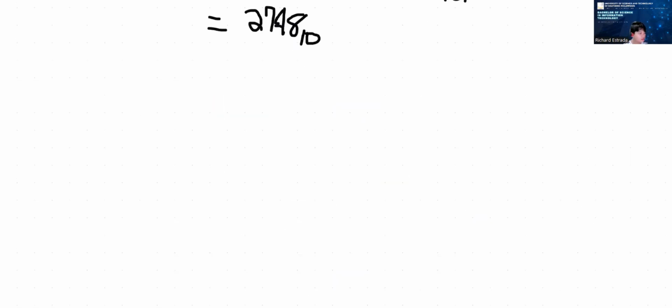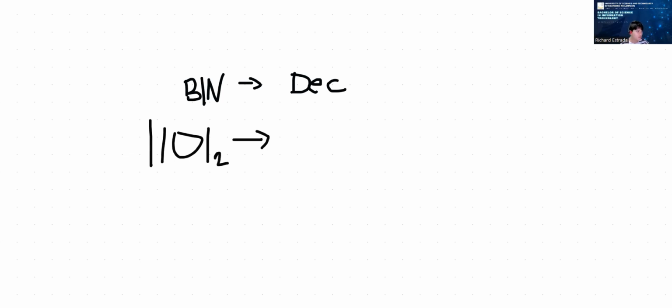We'll proceed now to binary to decimal. How can you convert this one to decimal? Let us say, for example, you have the number 1101. Again, binary is base 2. The process is the same. You have positions 0, 1, 2, 3.